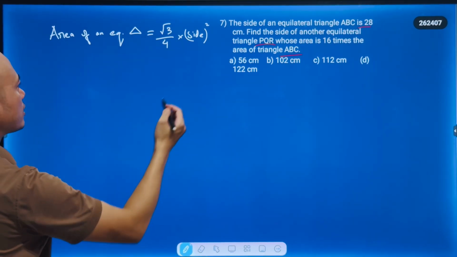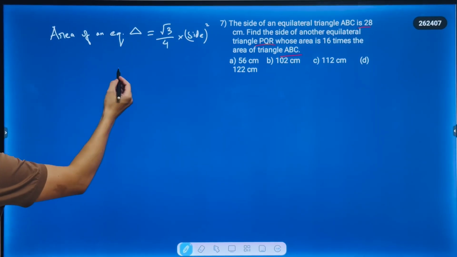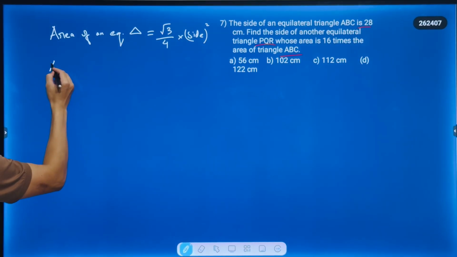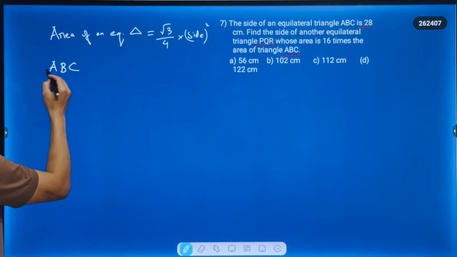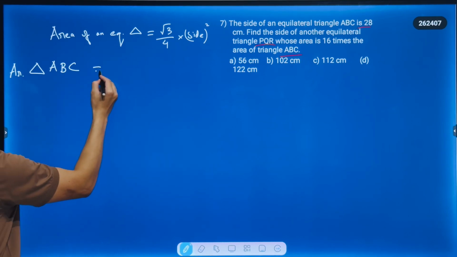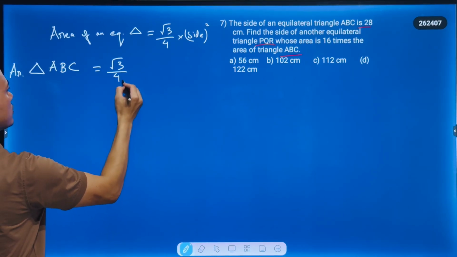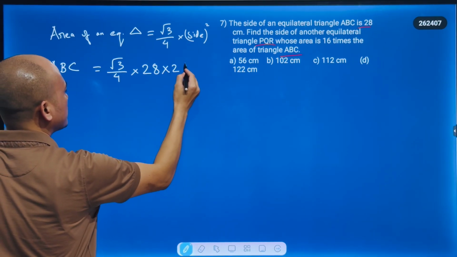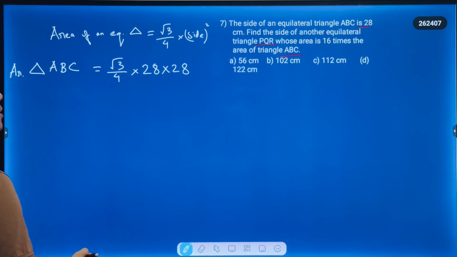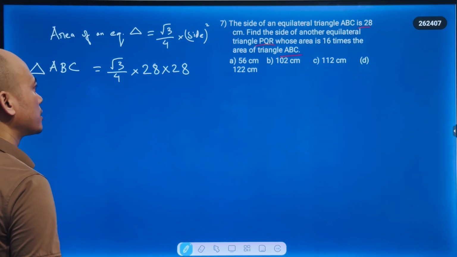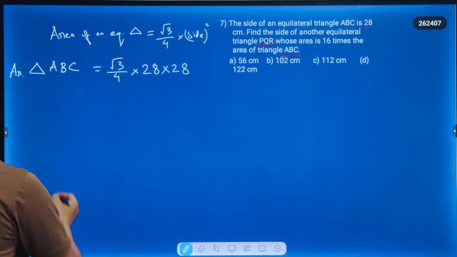Here the value of the side is given as 28 centimeter, so we can easily find the area of the equilateral triangle. First we find the area of triangle ABC: area is root 3 by 4 into side, that is 28 into 28. So this is the area of the first, smaller triangle, that is triangle ABC. Now what is given in the question: find the side of another equilateral triangle whose area is 16 times of this triangle.